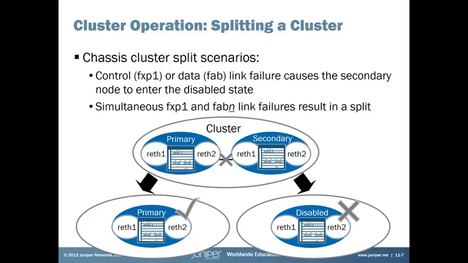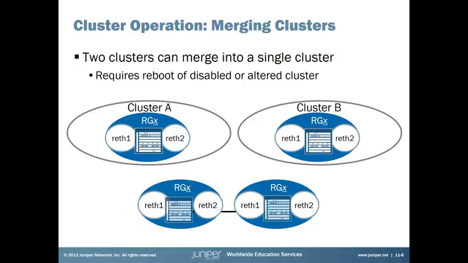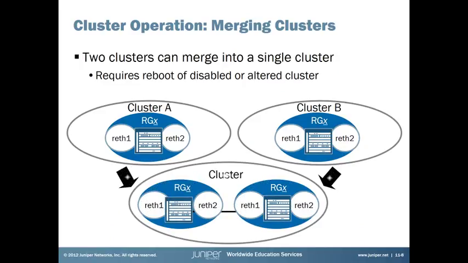So you really have to have these multiple failures to create a split. Two clusters can merge into a single cluster, which requires a reboot of the disabled or altered cluster. So we can pull a device out of one and put it into another cluster.